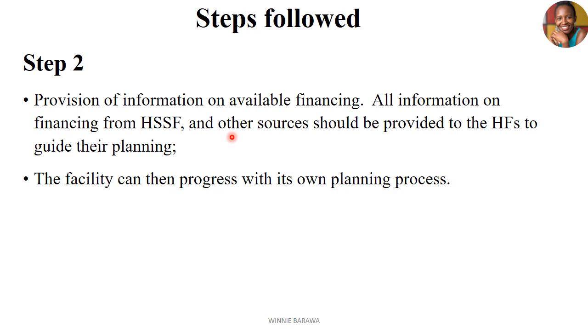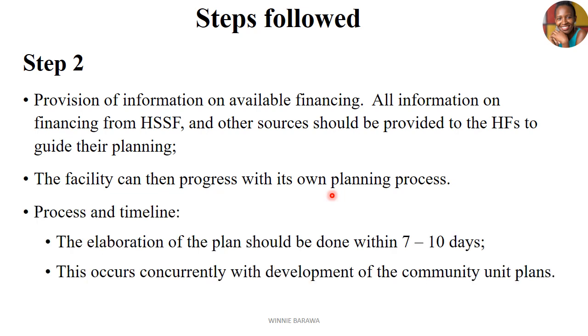They are given the required amount that they will spend for that particular year, ensuring that they cover each service they want to focus on. In allocating these resources, they put more priority on services that are key and important, as opposed to haphazard allocation of the budget without consideration of the funds. After being given the available information on finances, the facility then progresses to developing the final plan for that facility.